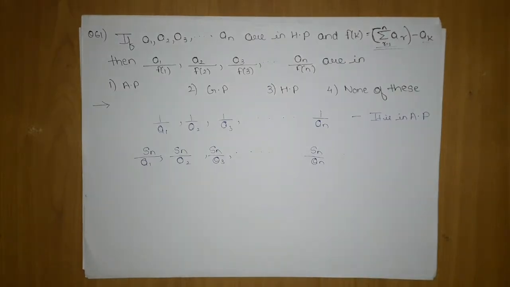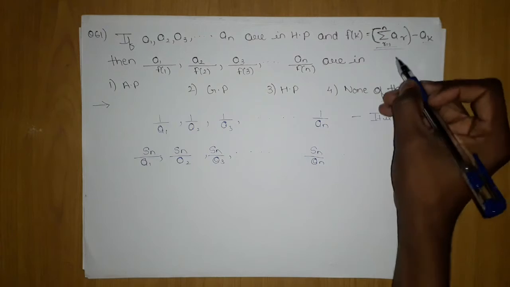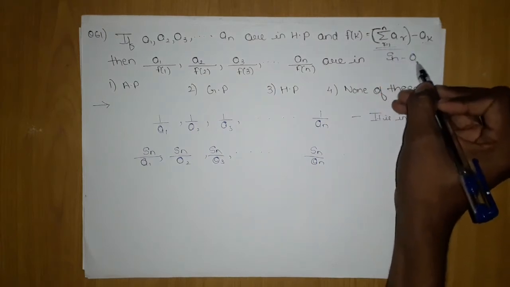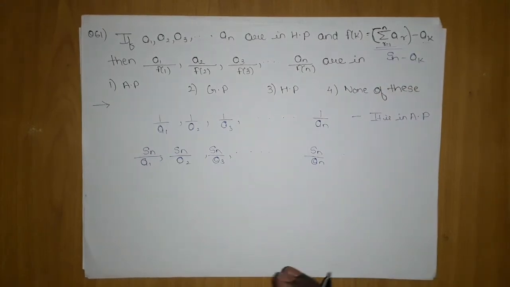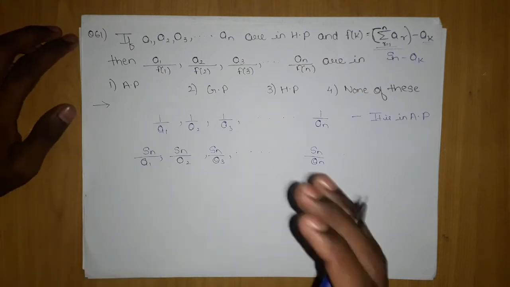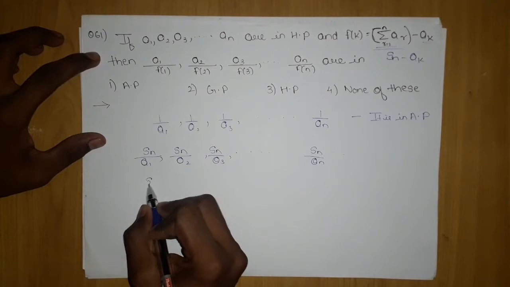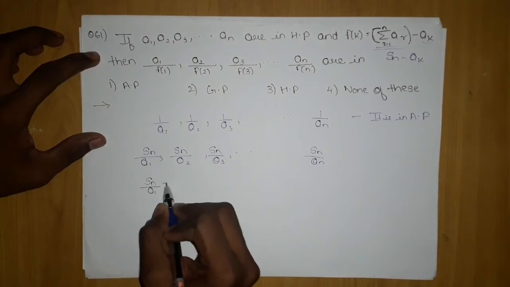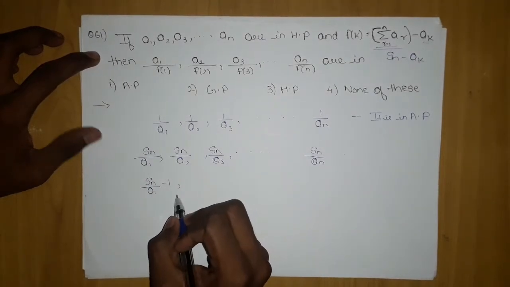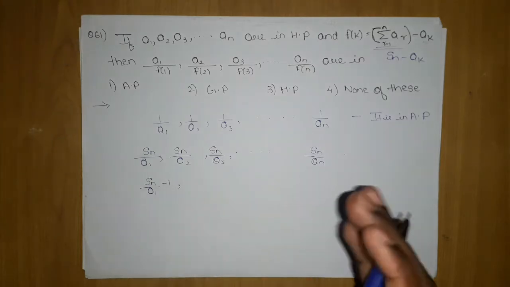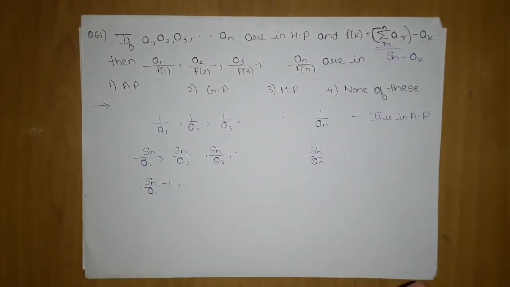But how will we create that? f(k) is Sn minus Sk. So if I subtract, meaning add minus 1 to all of the series, see what we get. We have already done these kinds of steps while solving problems of proving that a certain thing is in AP or GP.